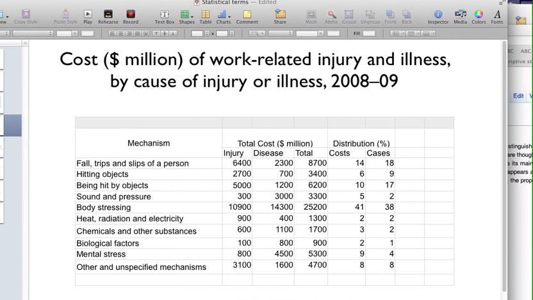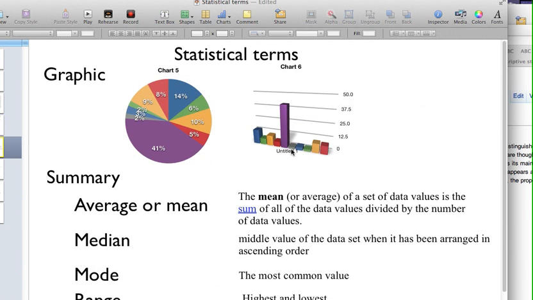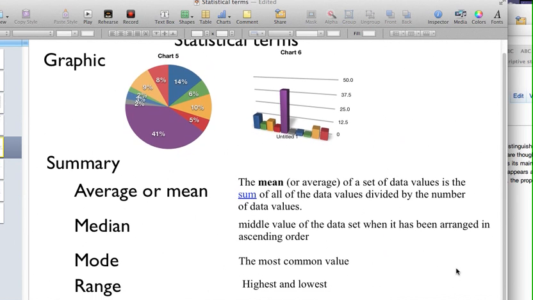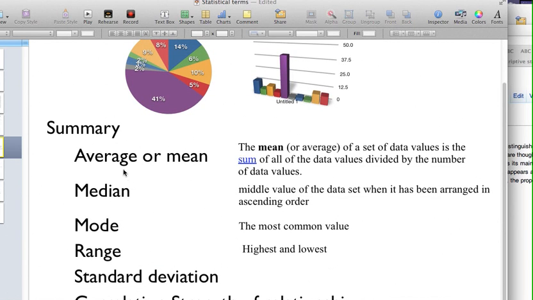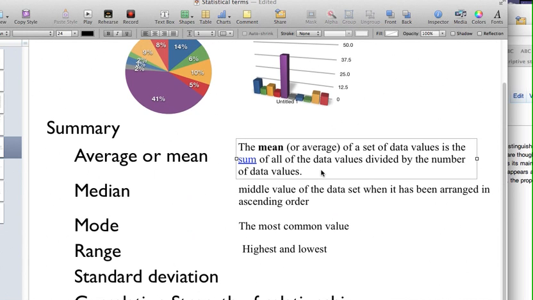Right, so go back again to this. So the summary statistics have a number of little things that they whack on here. Here's a few of them. The average or mean, of which you've come across 1,000 times, I'm sure.